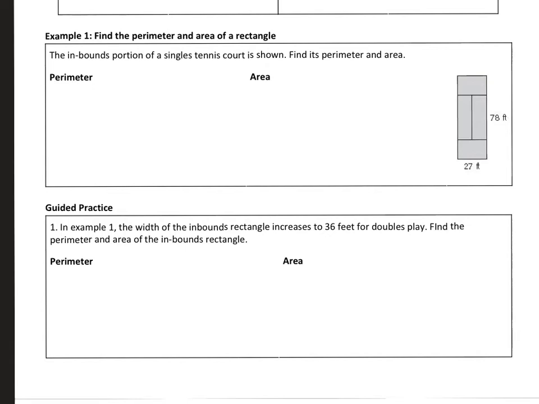So perimeter of this rectangle is 2 times the length plus 2 times the width. Okay, so 2 times 78 is 156. 2 times 27 is 54. I add those together. The perimeter of this court is 210 feet.